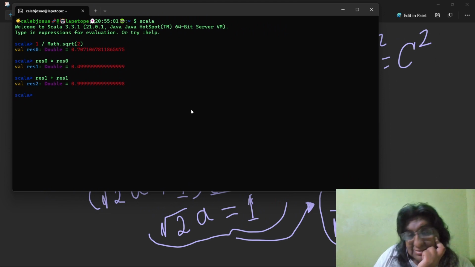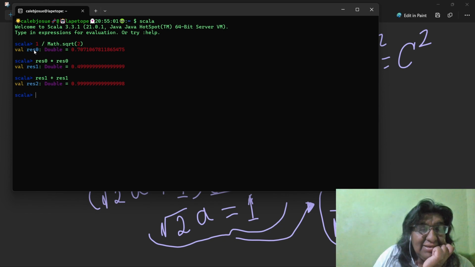This expression is 1 over the square root of 2. Look at this, 1 over the square root of 2. Now this is a. But in here we are not using any variable, but we are using the one that Scala provides, res0. So this is a.